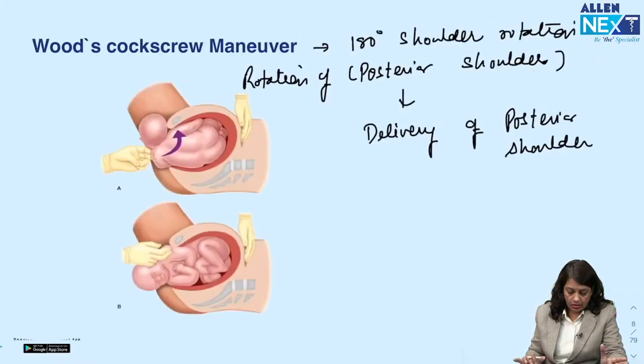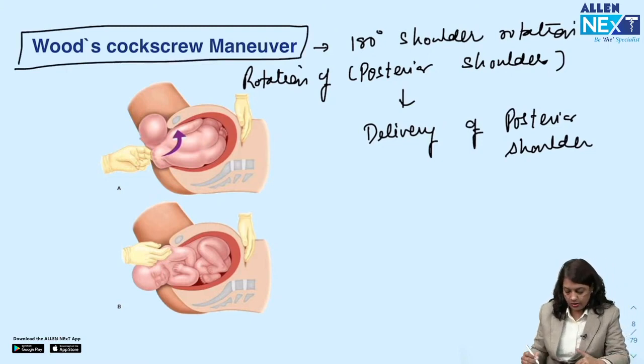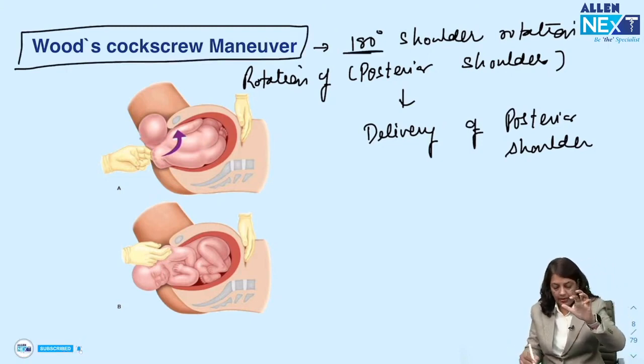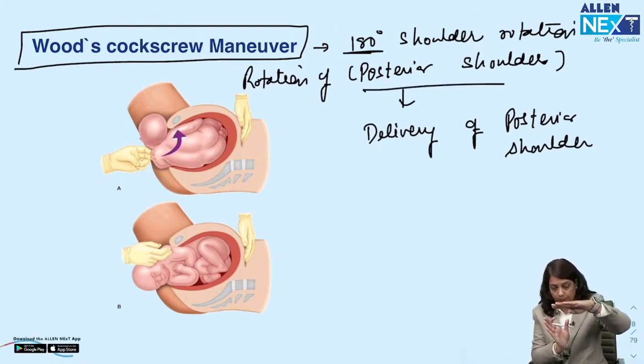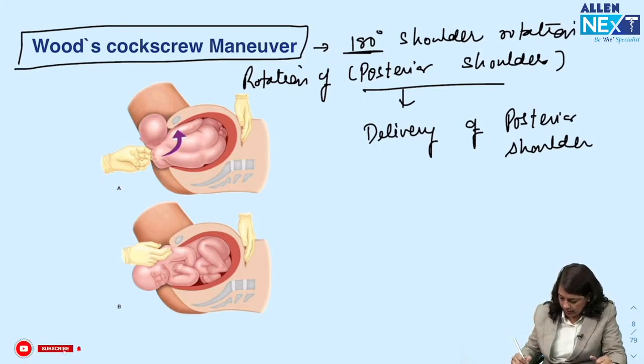If this is not successful, the next maneuver is Wood's corkscrew maneuver, where the shoulders are rotated 180 degrees, and it is the rotation of the posterior shoulder first so that the diameter of the shoulder girdle is reduced and delivery can be conducted.